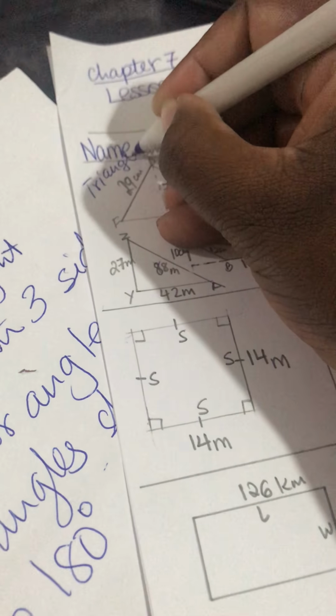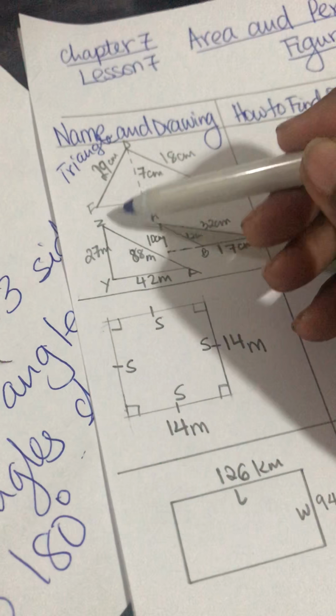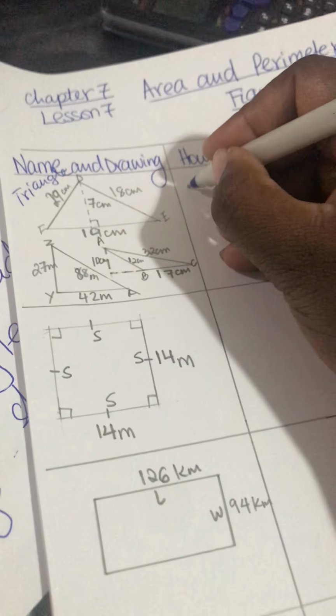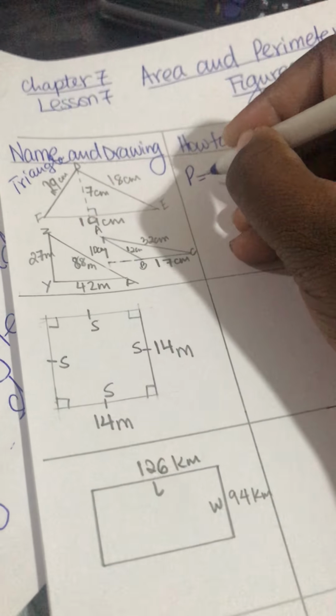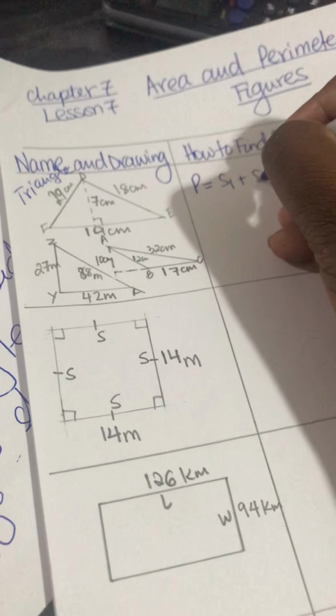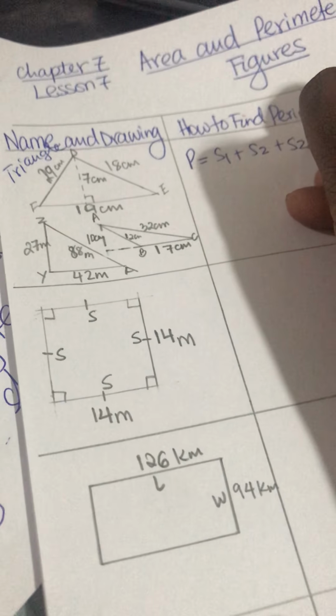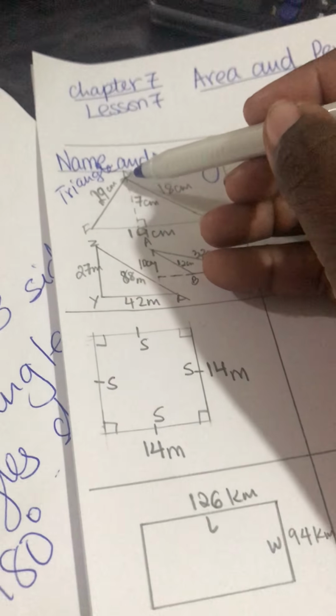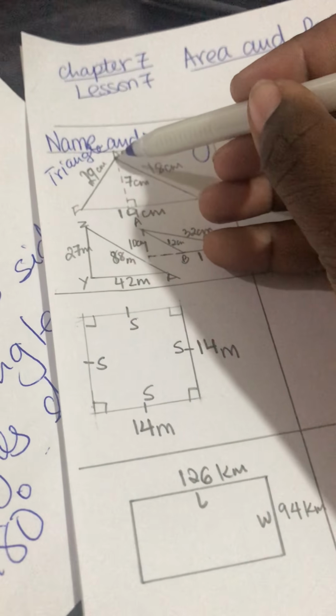Triangle. It can be drawn differently. So if I want to find perimeter, I'll do perimeter equals side 1 plus side 2 plus side 3. Why? Because perimeter is the distance around your shape.